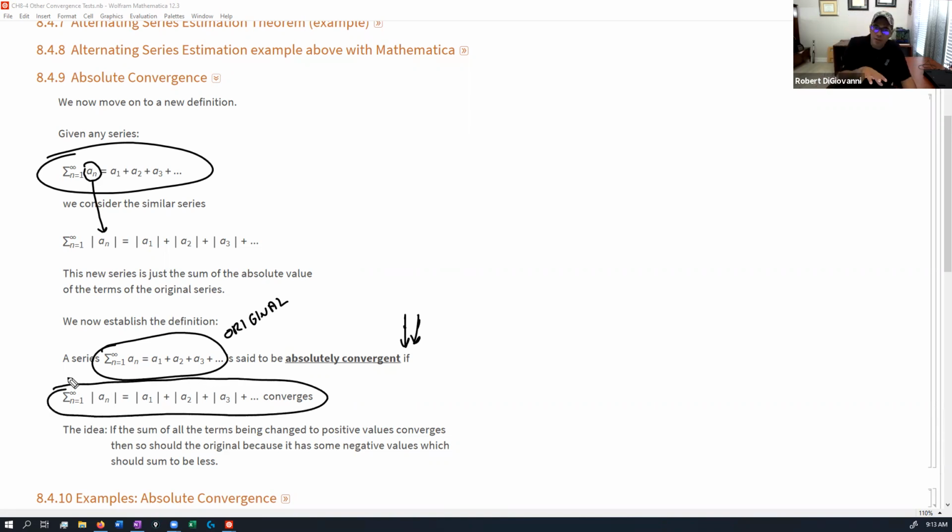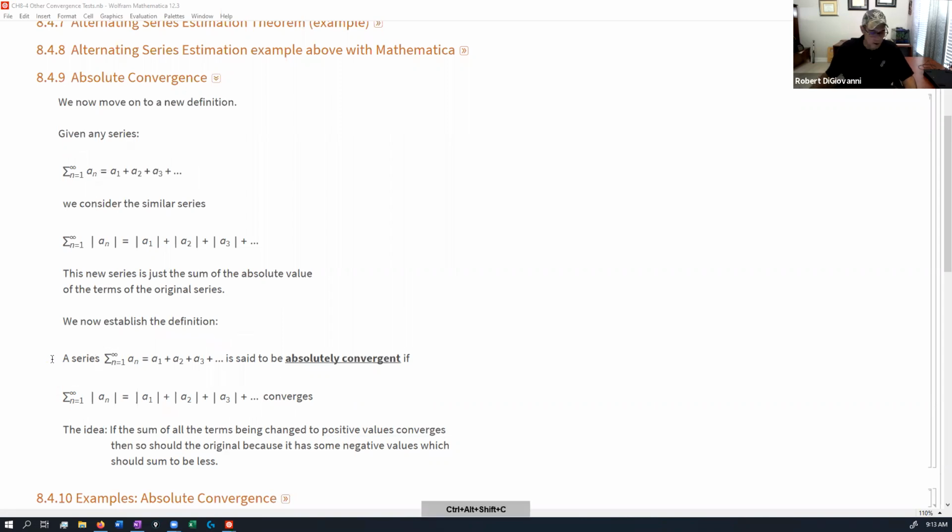So start with the series, it could have pluses and minuses in it, whatever. Take the absolute value of each of the pieces, add those up. If that converges, then we say the original series is absolutely convergent. All right, that's it. That's the definition. I'll explain why this confused me as a student in a minute as we go through some examples.